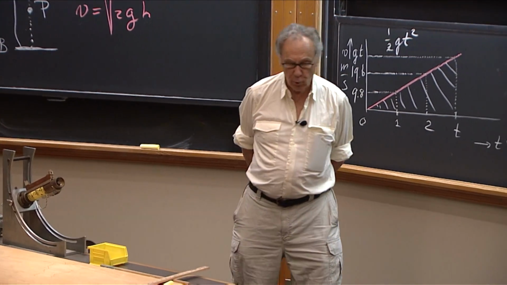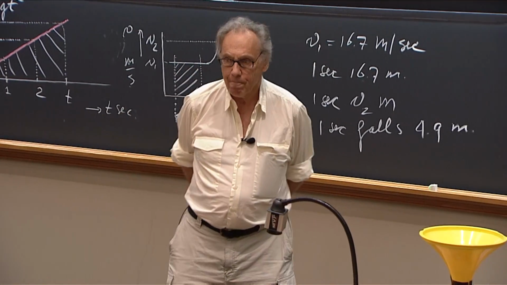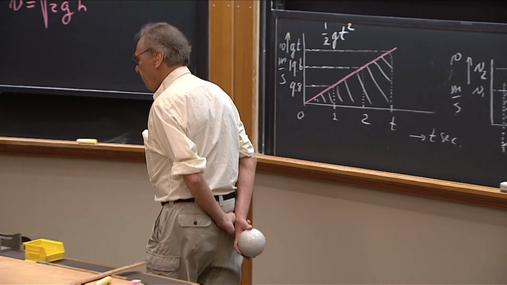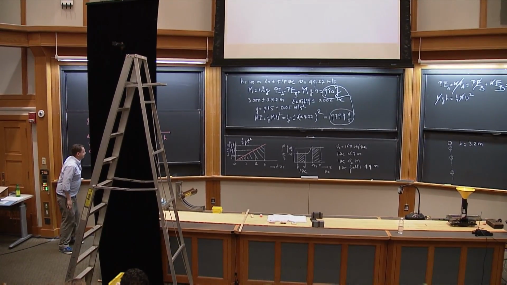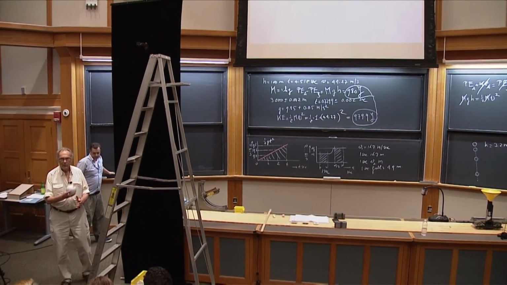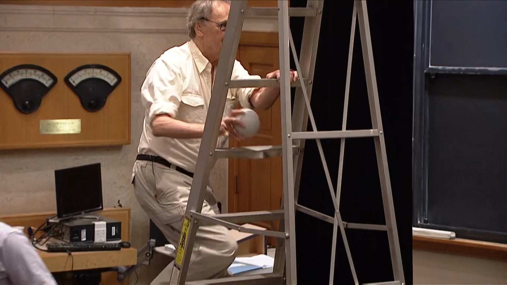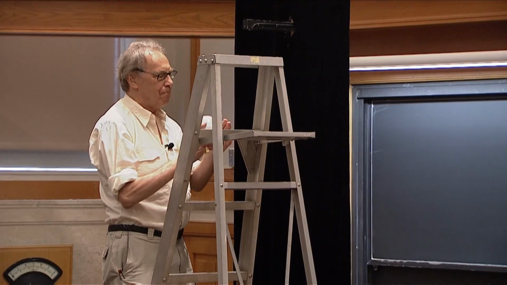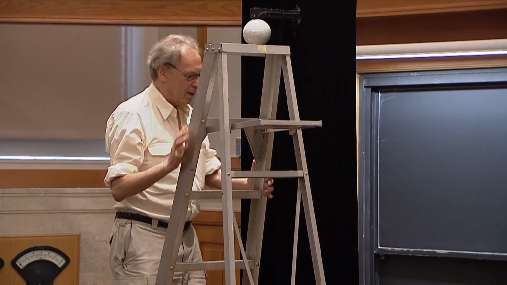So Bill is now going to set up the camera. It's a Polaroid camera. And then we will turn on the strobe. But Bill gave me a task of immense responsibility to put the ball up there. So Bill, work on your camera.